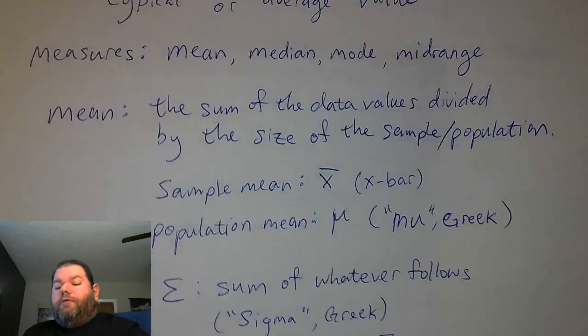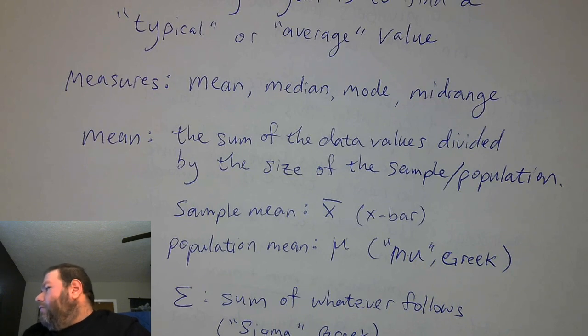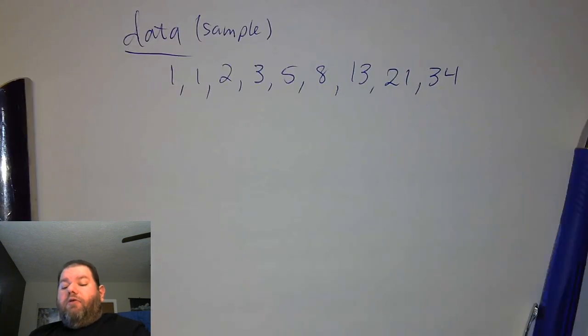Now, if you recall, if we're talking about a sample mean, we use x bar. Then if we're talking about a population mean, then we'll use mu. So what will we be using in this case?